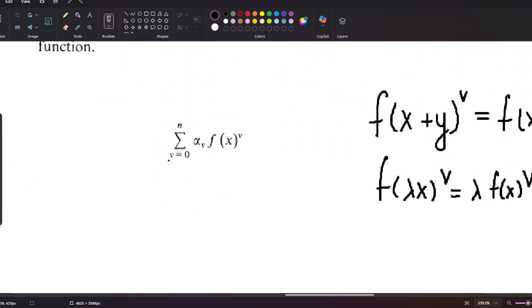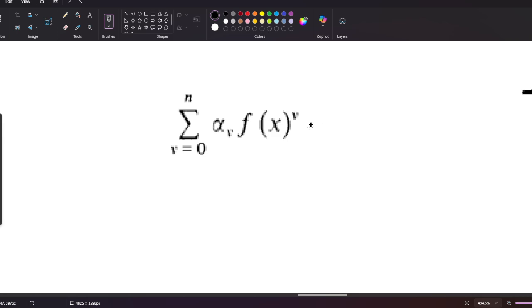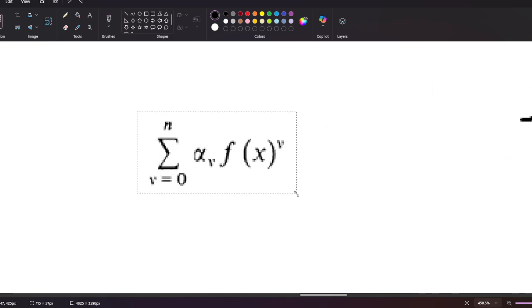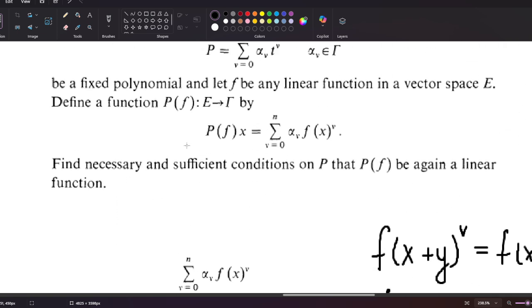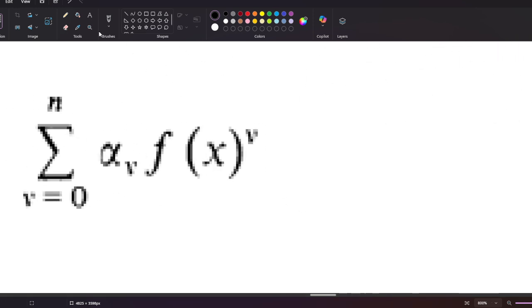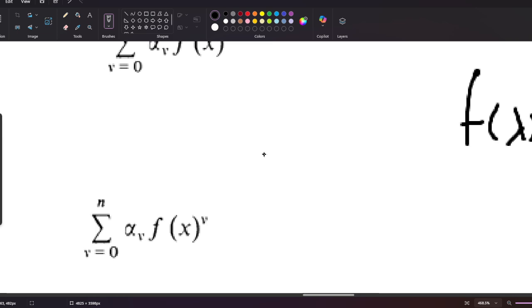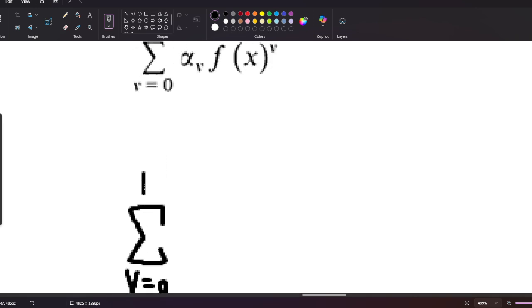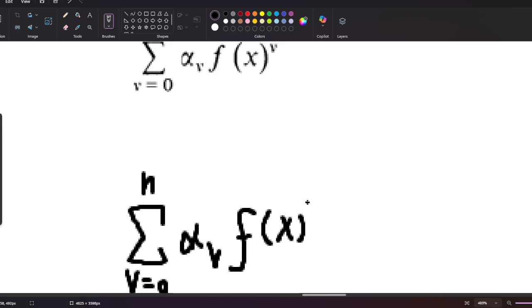Okay, cool. Now let's look into the sum. We just have to prove that if we were to plug in different x's, then it's just gonna continue being linear. So I don't know why I copied this. Let's just rewrite it manually from v equals 0 to n, a_v f^v(x).